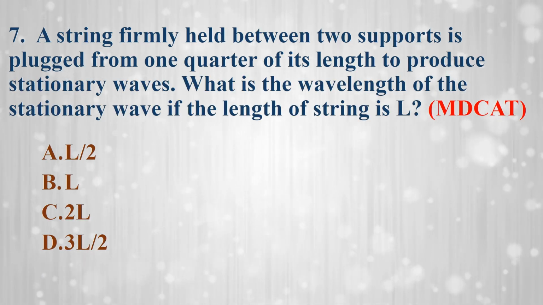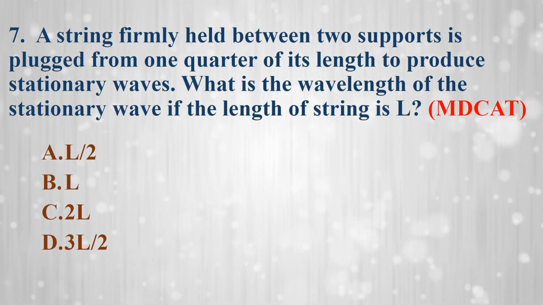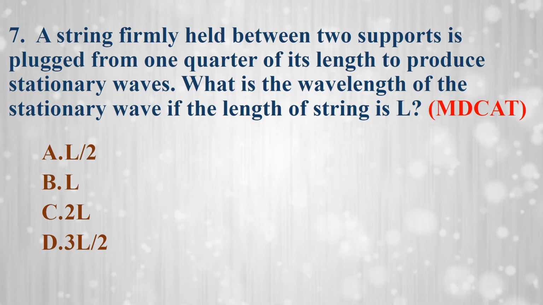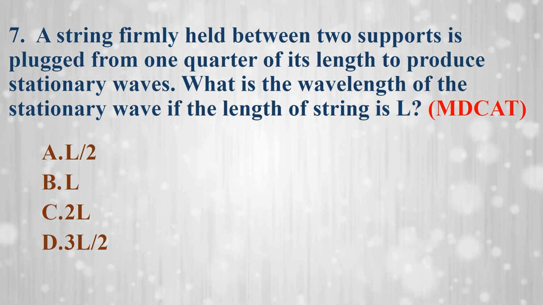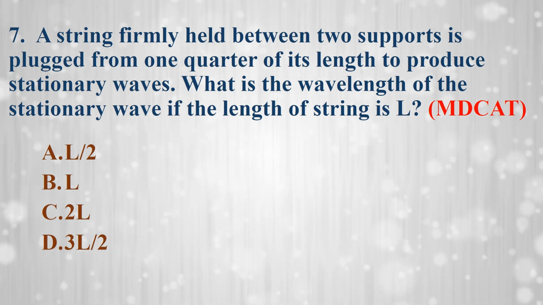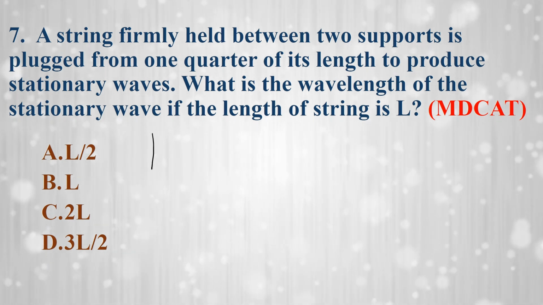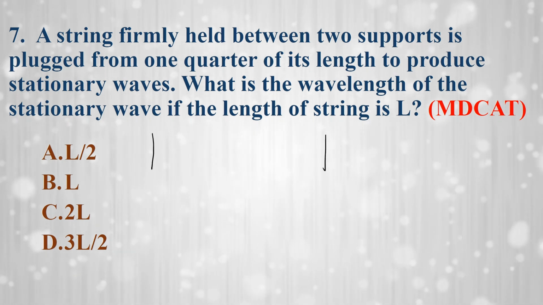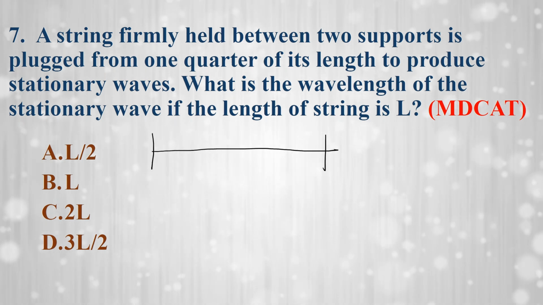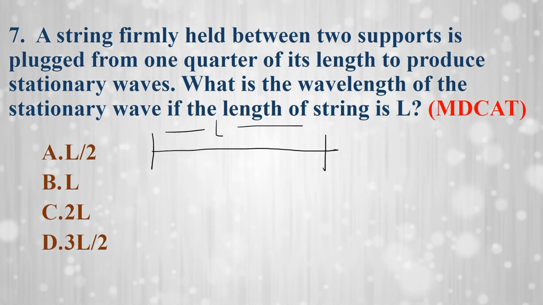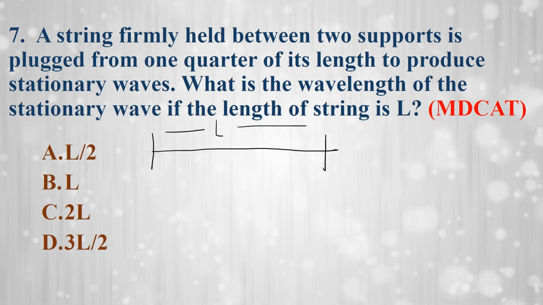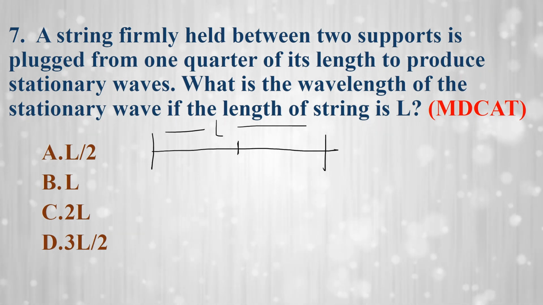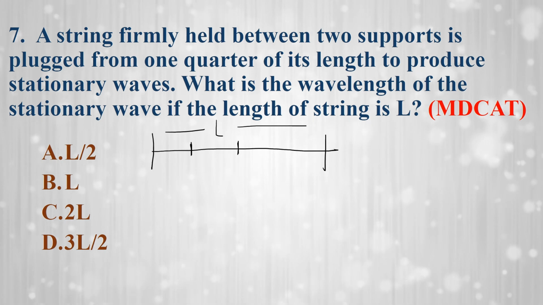Next MCQ: a string firmly held between two supports is plucked from 1/4 of its length to produce stationary waves. Students, look here. It's a support and it's a string of length L. This is the center of the string and this is 1/4 of the string.